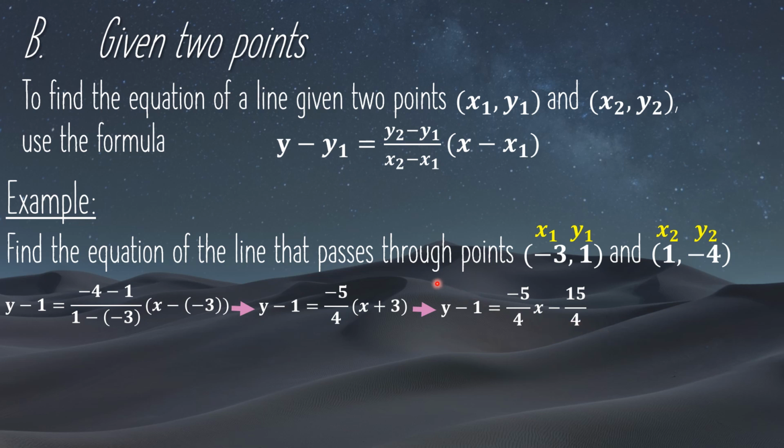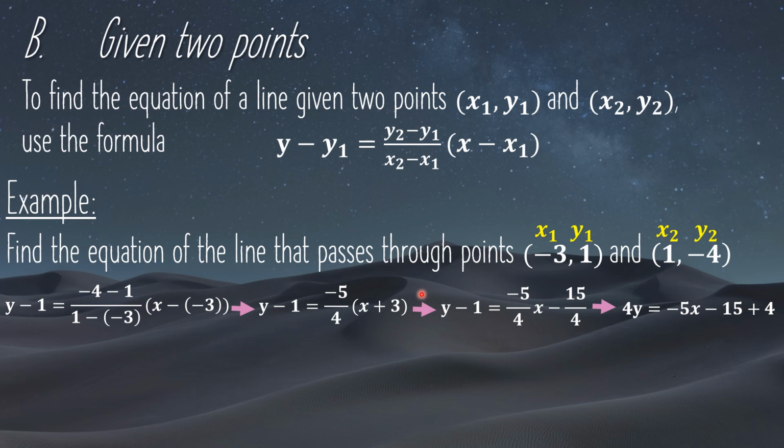And then, let us multiply the whole equation by 4 para makancel natin yung denominators na 4 ng negative 5 at negative 15. And then, i-transpose na rin natin yung constant sa right side of the equation. So, magiging 4y equals negative 5x minus 15 plus 4. Paano naging ganito yung equation?